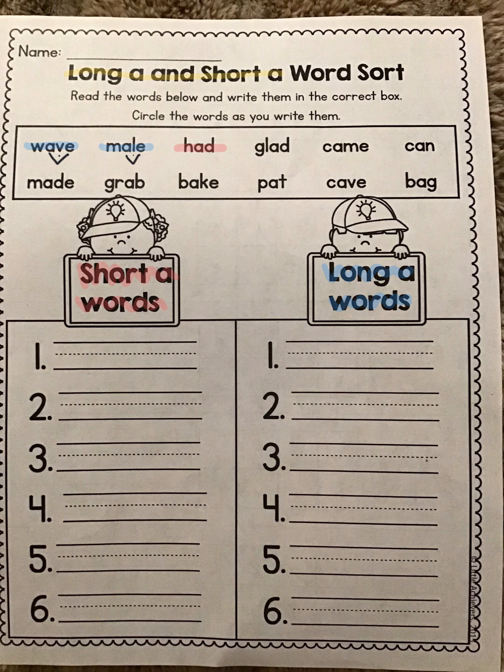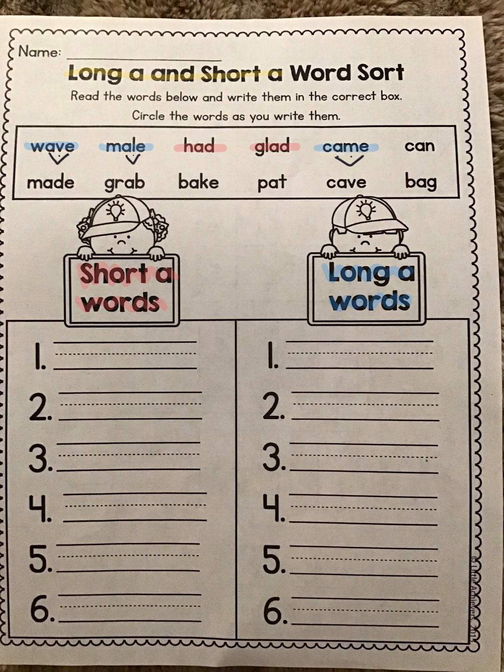A is saying a because there's no E to make it say A. Taking a look at our next word, I can see one vowel, one consonant with a silent E at the end. That E makes the A say A. C-A-M, came. Color it blue.